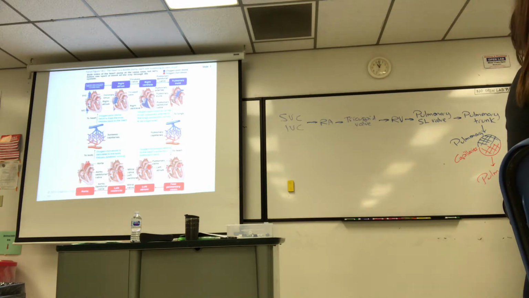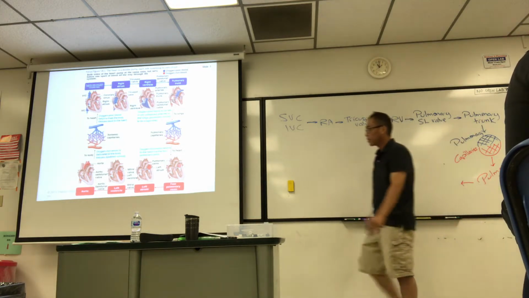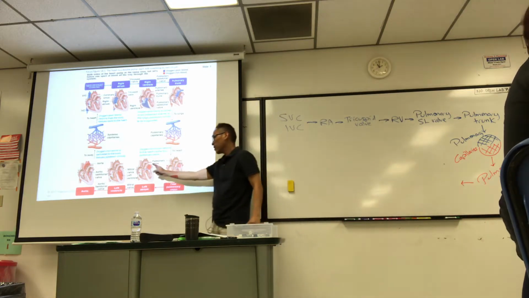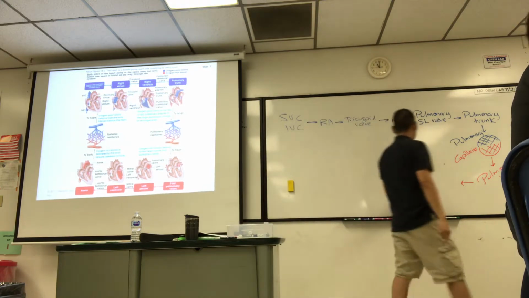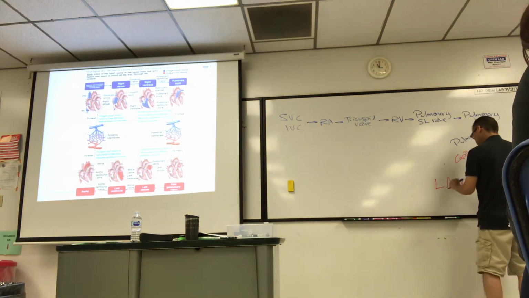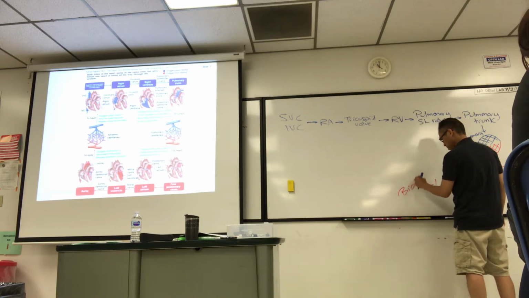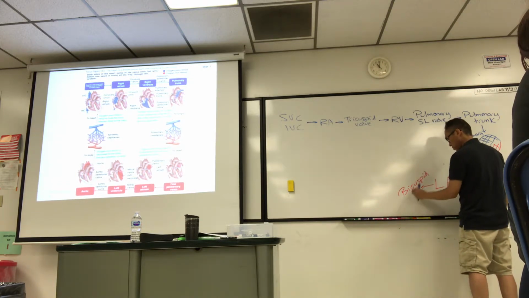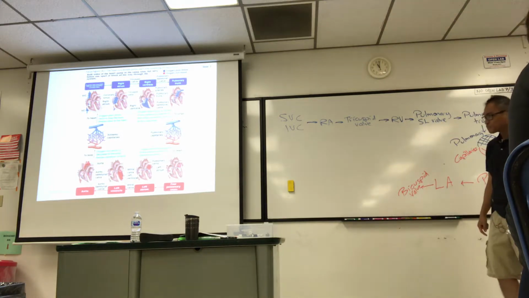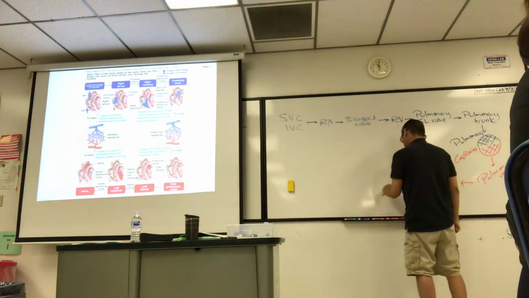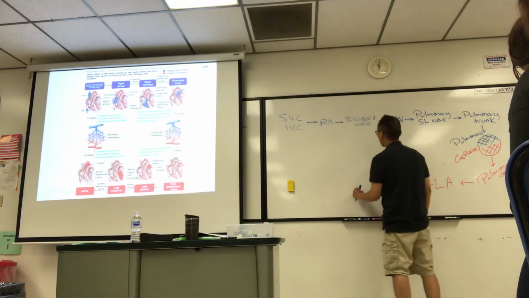Pulmonary veins return blood to, I'll show you where I am in the figure, LA, left atrium. And from LA, you go through the bicuspid valve, and then from there, you go to LV. Then LV will pump blood through the aortic semilunar valve.